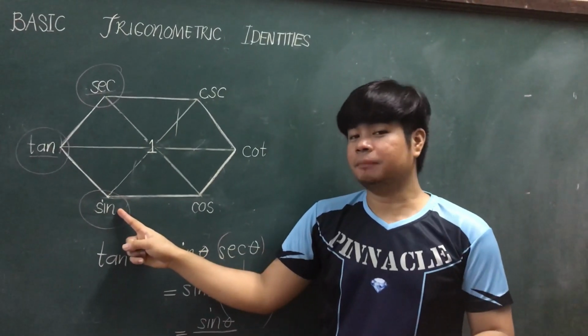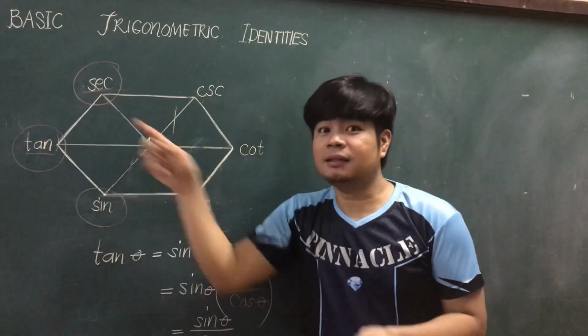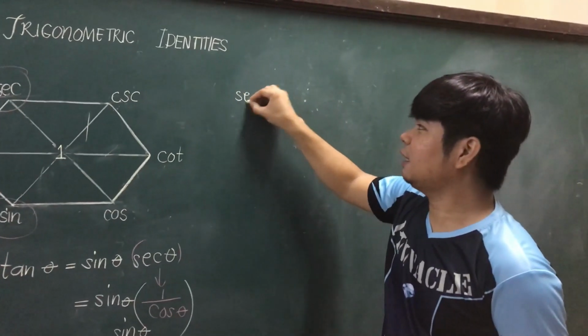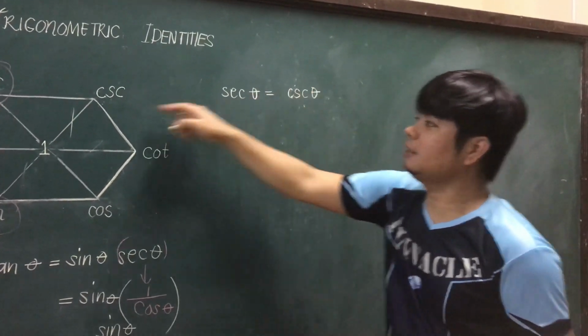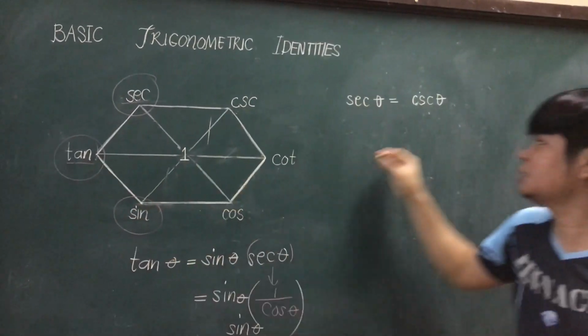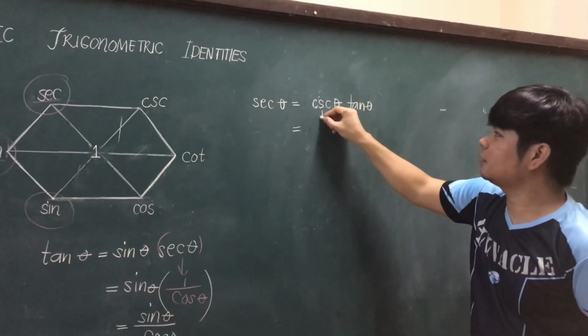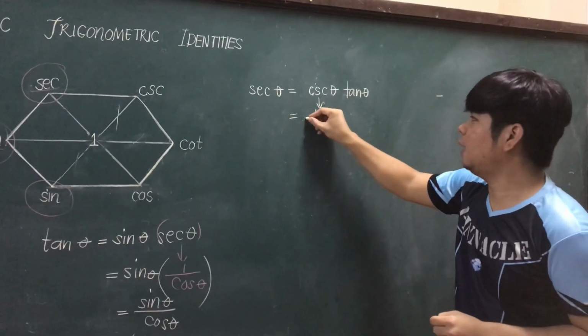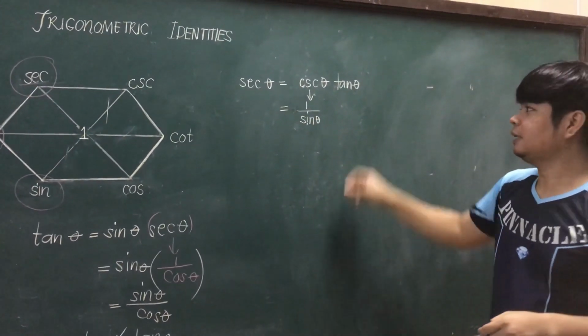So should we say also that tangent theta times cosecant theta is secant theta? Let's try it. So secant theta is equal to the product of cosecant theta times the other, that is tangent theta. We know that cosecant theta is equal to 1 over sine theta, that is by reciprocal identity.